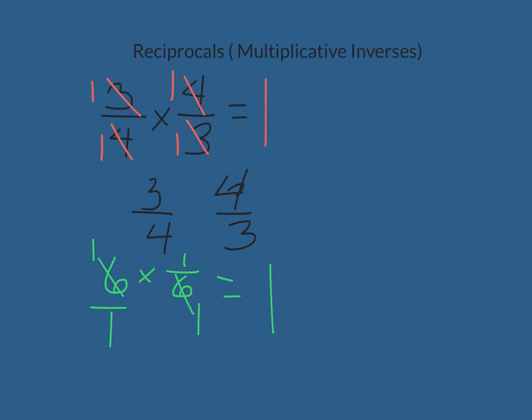So when we're finding the reciprocal of a number, we wrote the number as a fraction. Then we inverted the fraction, so we changed the numerator and the denominator's position. Then we multiplied. So another example of a reciprocal would be 10 and 1/10.